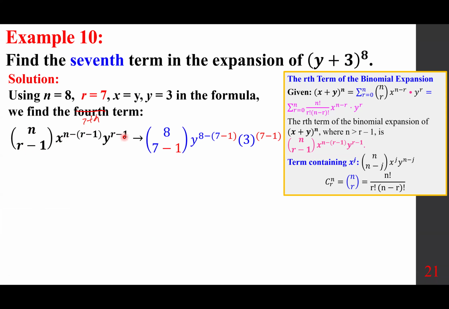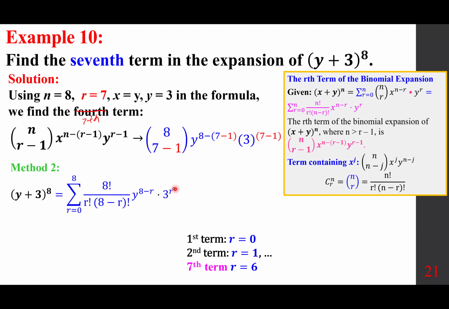And again, what is the second method? The second method is to write this formula. (y + 3) to the power of 8 is the summation of r going from 0 to 8, 8 factorial over r factorial times 8 minus r factorial, y to the power of 8 minus r, 3 to the power of r. So the first term, r is 0.